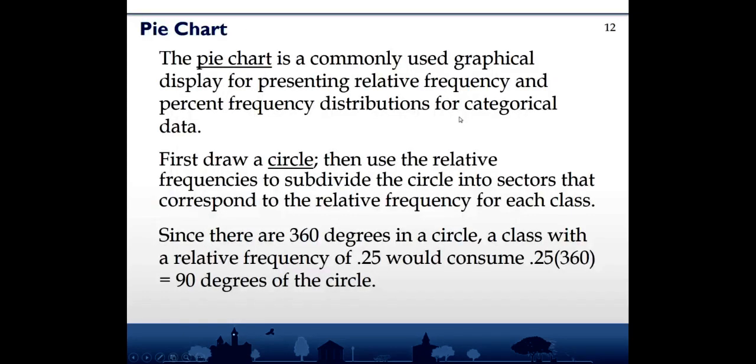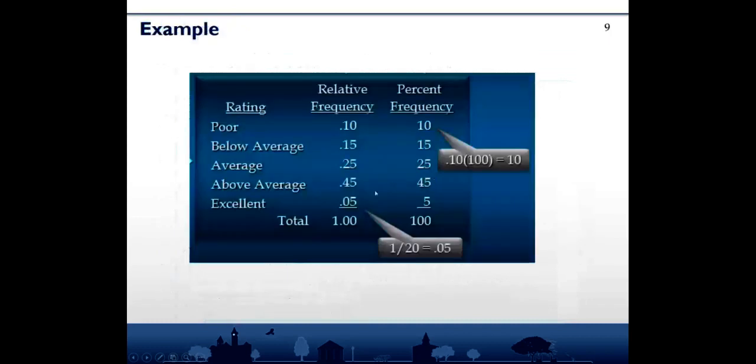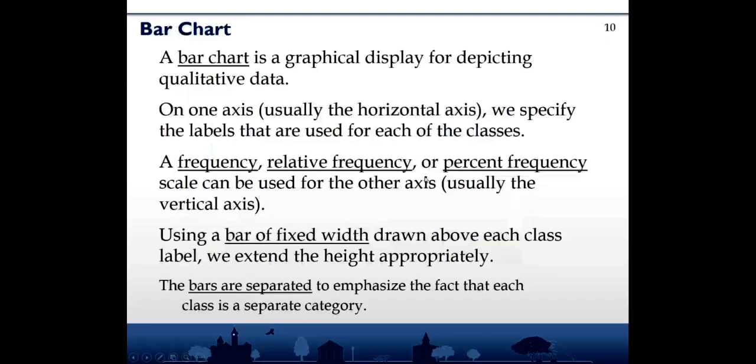We can also obtain the pie chart. It's also a commonly used graphical display for categorical data. So you have the circle, 360 degrees, and such as if we look at our data, we have 25% average rating. Then how do we represent this here?